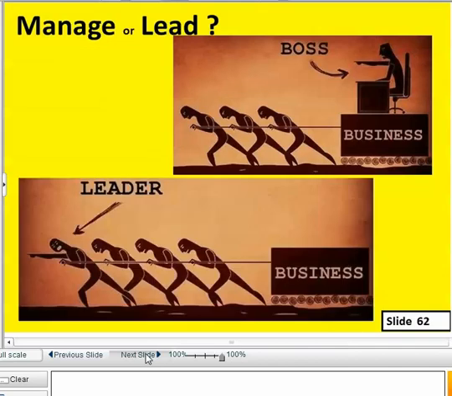Leading, on the other hand, gets the workers who are going to have to do the job committed to the goal, and everyone, including the leader, pulling together to accomplish that goal. All the workers feel like they're part of a team, and therefore they are willing to commit more of their psychological energy to getting the job done.